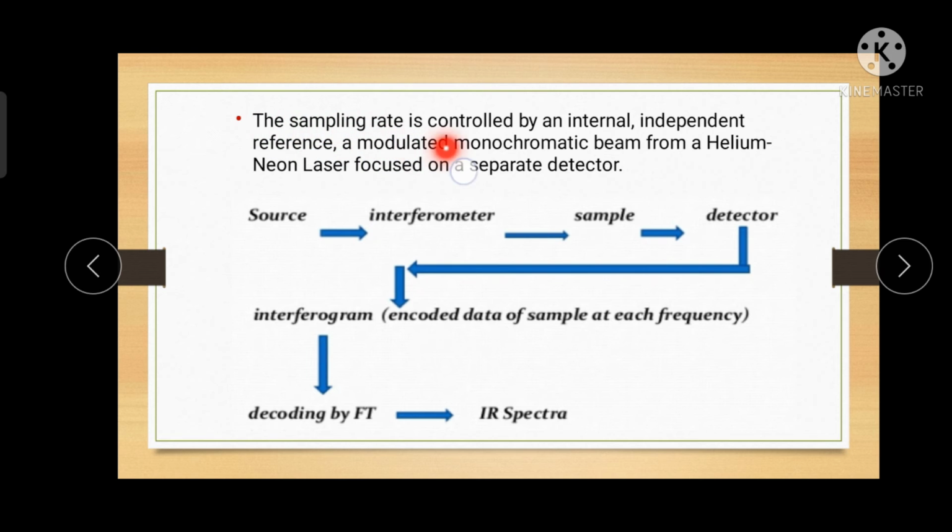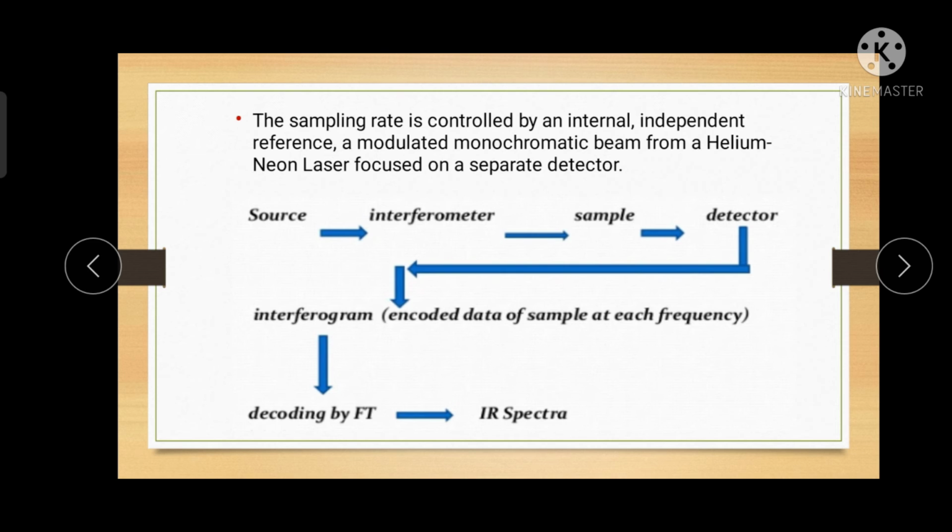The sampling rate is controlled by an internal independent reference, a modulated monochromatic beam from the helium neon laser focused on a separate detector. That means here we also use a reference, and the sampling rate is controlled with the help of this internal and independent reference.